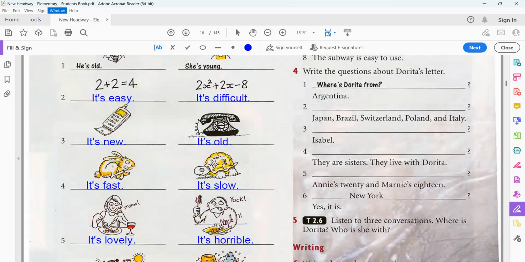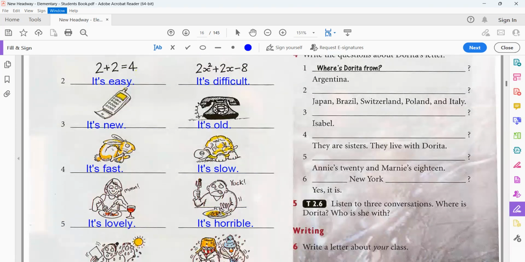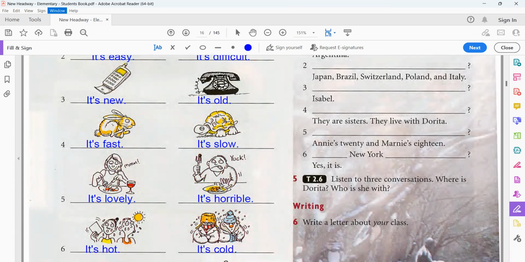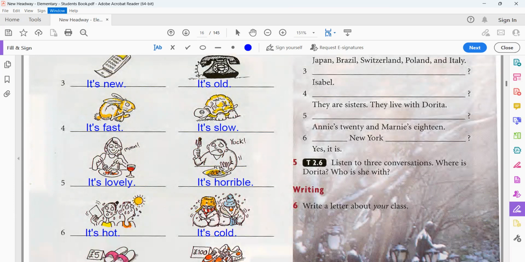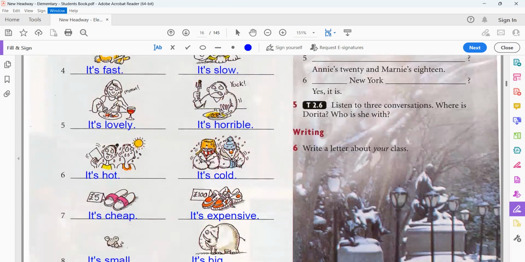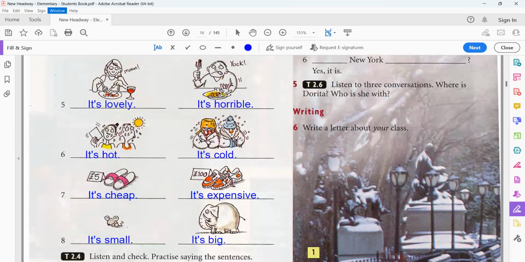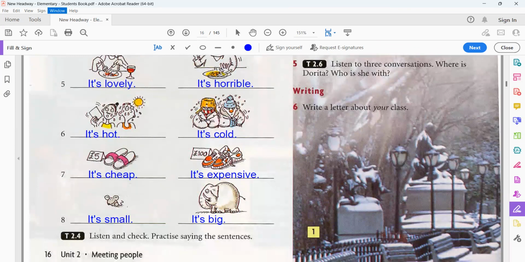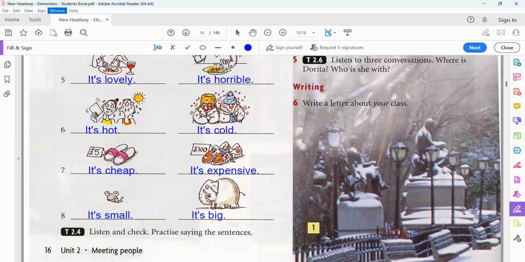It's fast. It's slow. 5. It's lovely. It's horrible. 6. They're hot. They're cold. 7. They're cheap. They're expensive. 8. It's small. It's big.